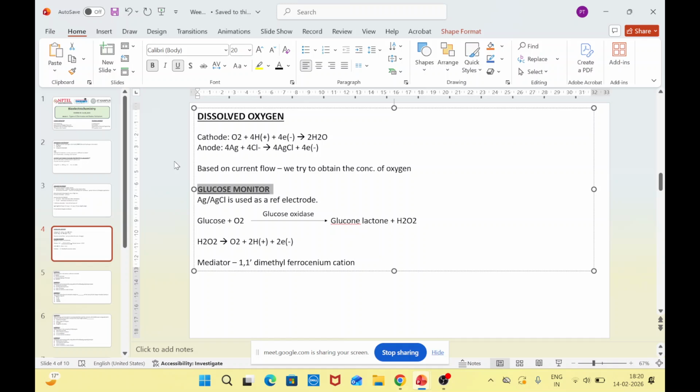Typically, all these electrochemistry techniques rely on the flow of current or the voltage. That change in the current or the voltage is used for measuring the concentration of the particular material of interest.